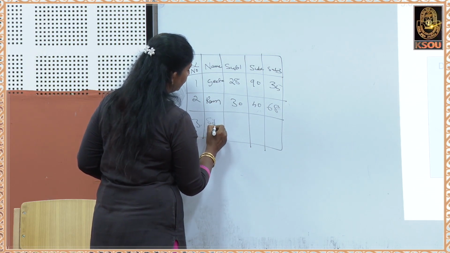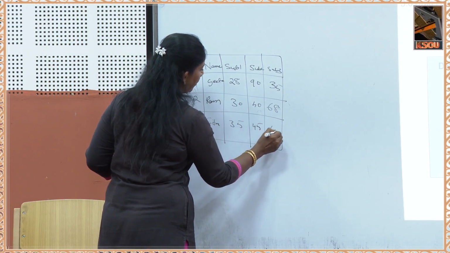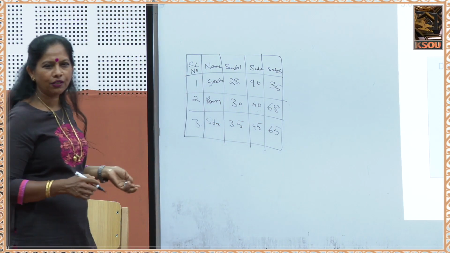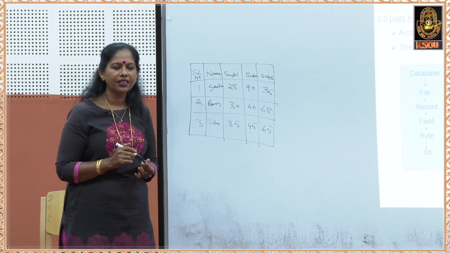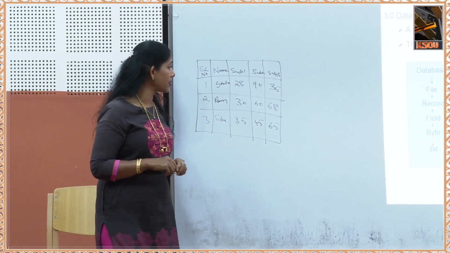Sita, 35, 45, 65. This is just one database of your marks, okay? You can have any database.